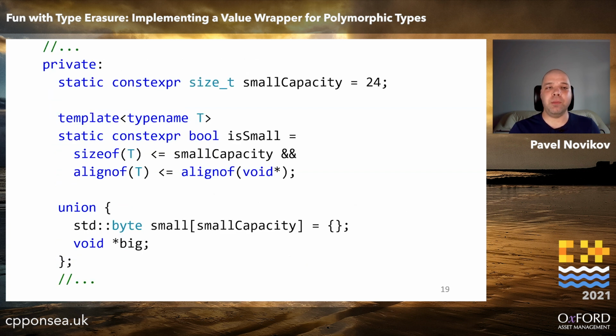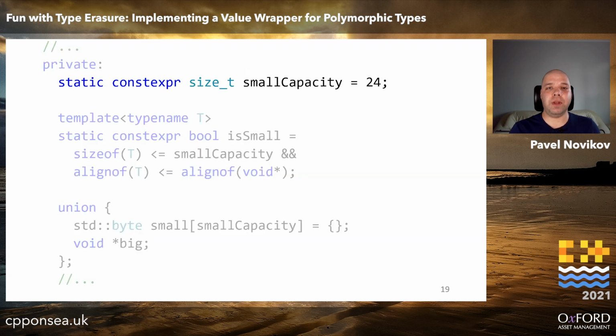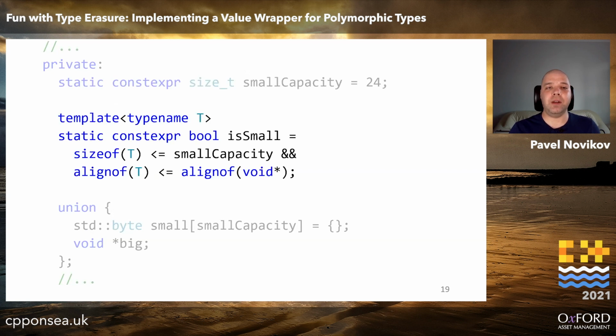Let's start with the private section, the implementation. So we have our constant that tells us how big the small buffer should be. We define, for our convenience, a template variable that will tell us if this concrete type is considered to be small.